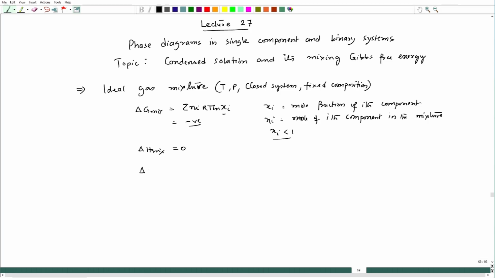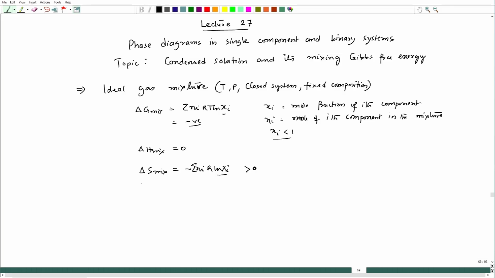And then we have also found out del S mix equal to minus summation of Ni R ln Xi. This would be always positive since ln Xi is negative and there is a negative sign. And of course, there will be a summation because we are considering a number of gases in a mixture.